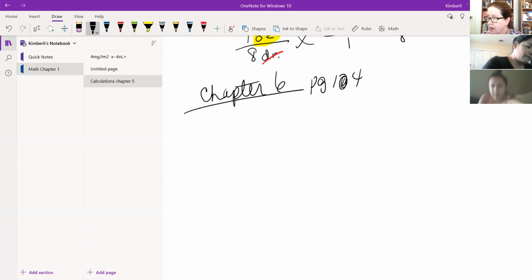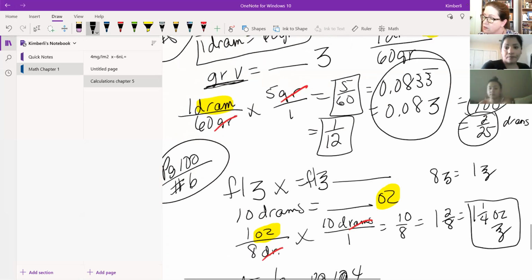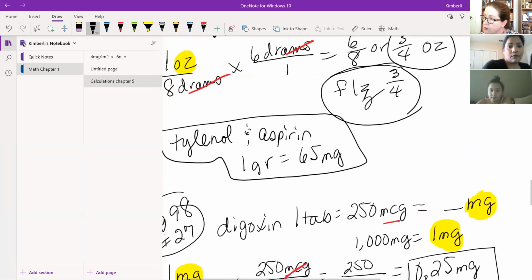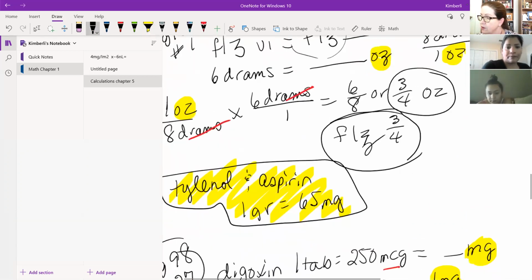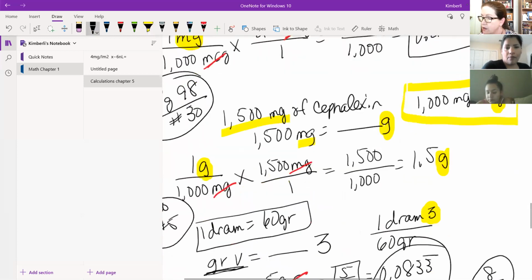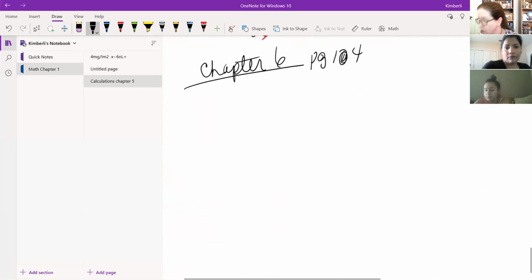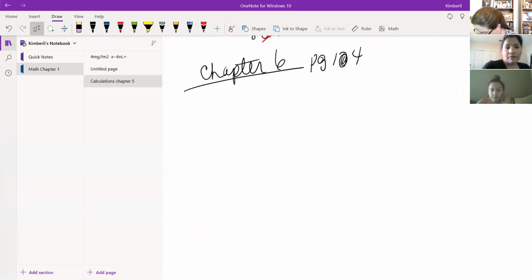So if we're talking about aspirin and Tylenol, we're always going to use 65, okay? Tylenol and aspirin, 1 grain equals 65 milligrams, okay? But if it's not Tylenol or aspirin, in most cases, we're going to use 60. So for codeine and nitroglycerin, we're going to use 60.